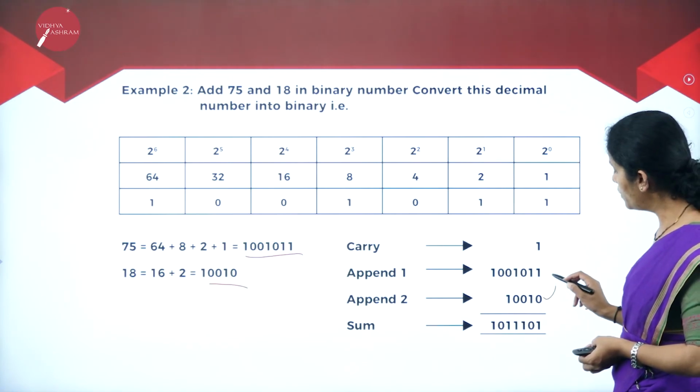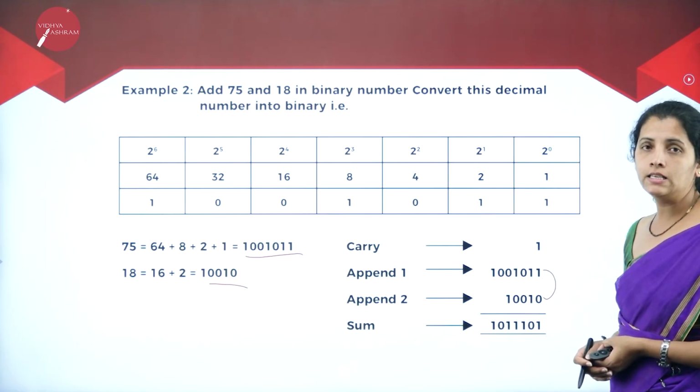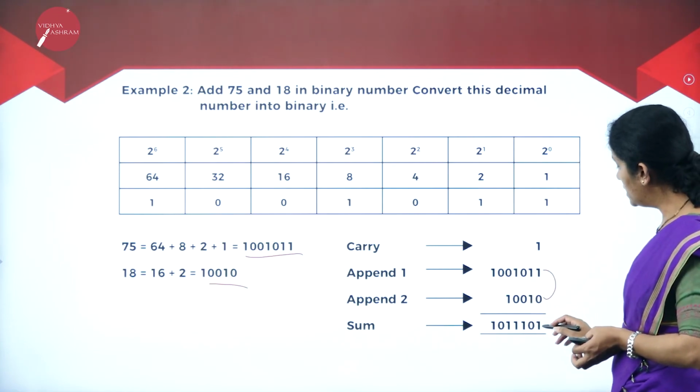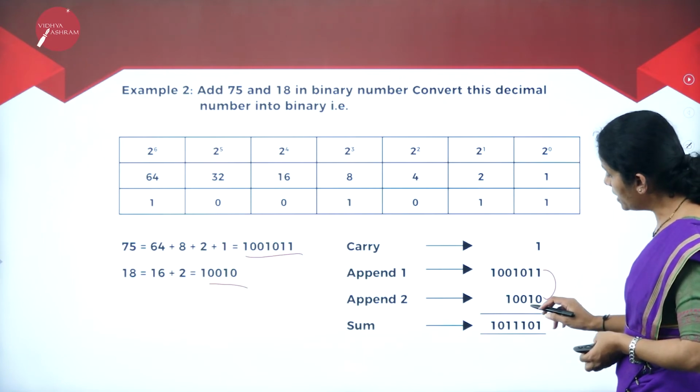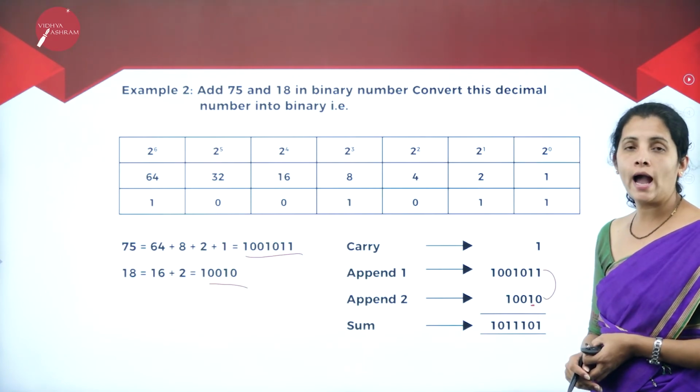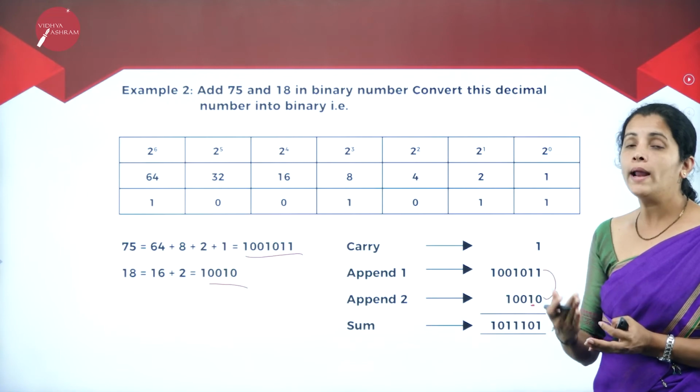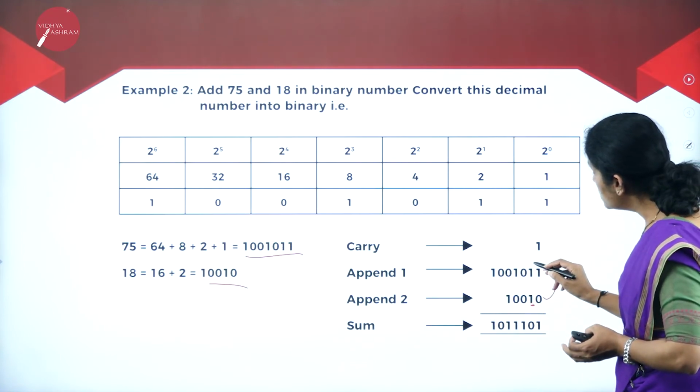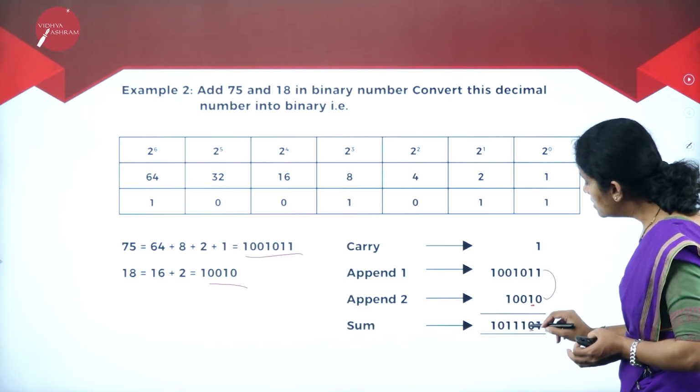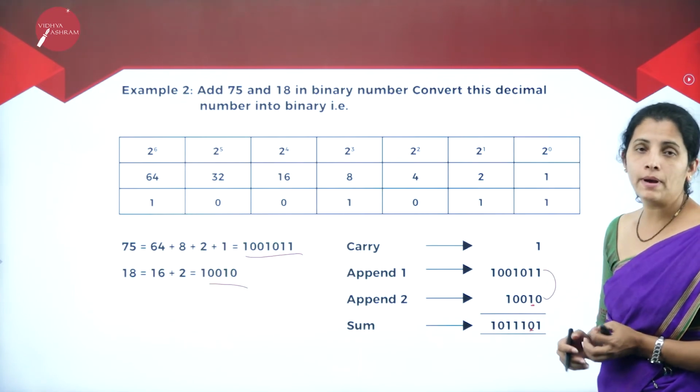So, here I'm going to have 0 and 1. That is 0 plus 1, it is 1. Now, if I consider the second bit, I'm going to have 1 and 1. 1 plus 1, that is 1 is carry and 0 is my sum.